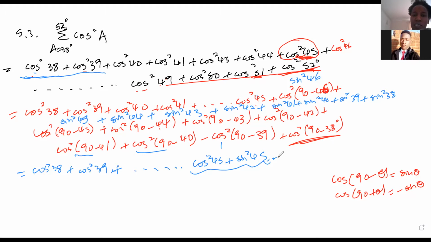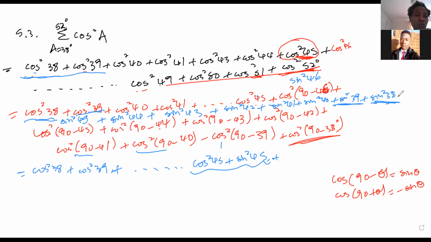Then you can pair all the similar angles. You've got 38, 39 somewhere here. Your cos and sine are going to give us the compound angle. Okay, so we're going to pair that.